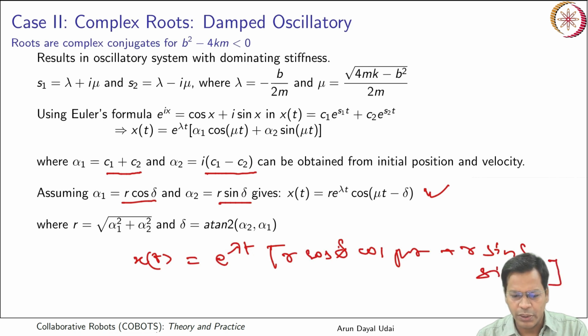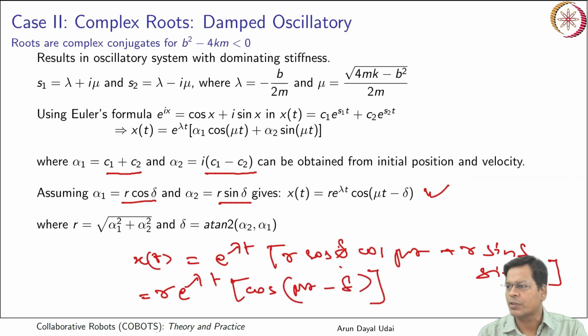So you can bring out your r, and inside you see cos delta cos mu t plus sin delta sin mu t. That can be written as cos(mu t minus delta). Those are simple trigonometric substitutions.